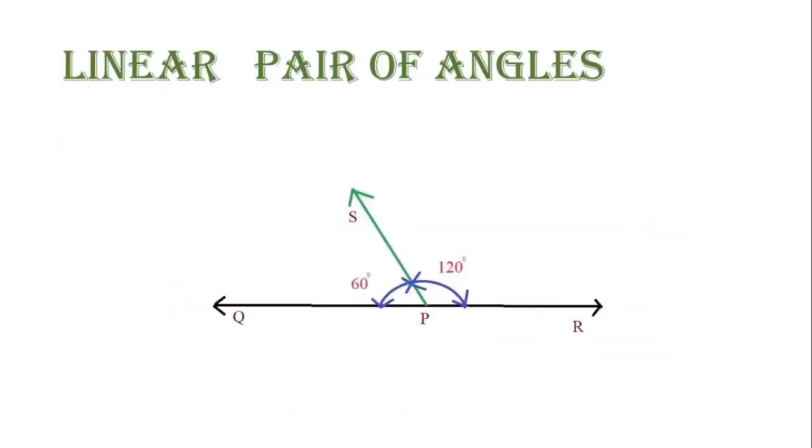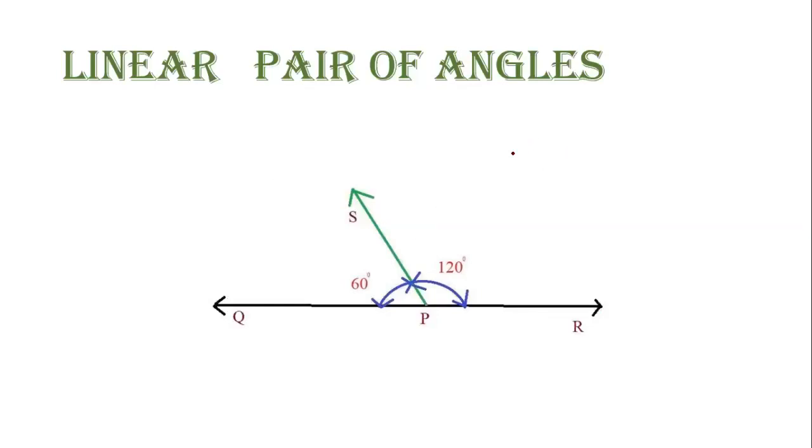Linear pair. Linear pair is when we have a straight line and two adjacent angles, they add up to 180 degrees.